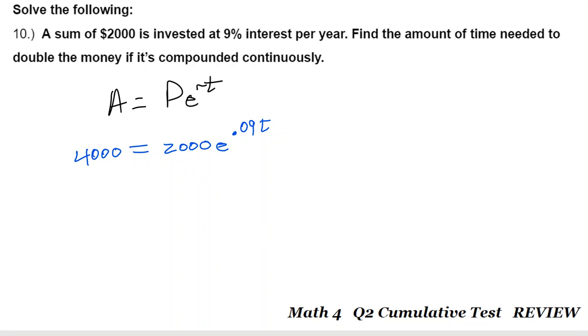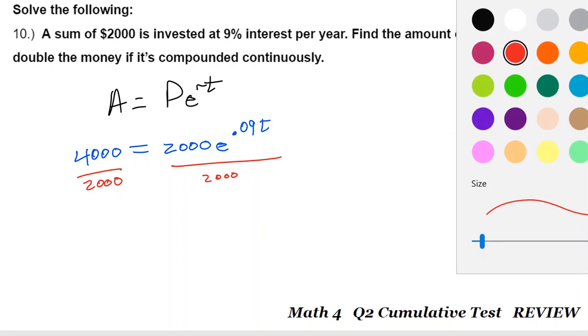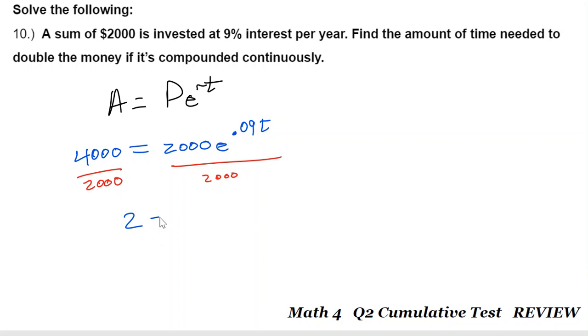So by the time we divide by 2,000 again, we're going to wind up with a 2 on the right side. And so if I rewrite this as a log, I'm going to go log base e of 2 equals 0.09t. And that's basically natural log of 2.